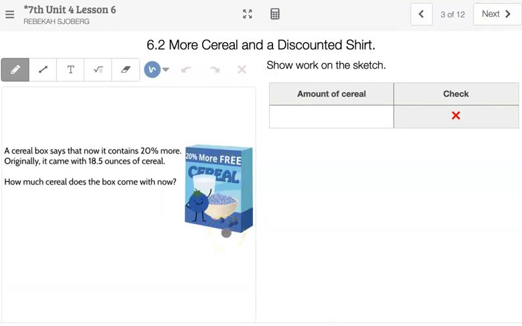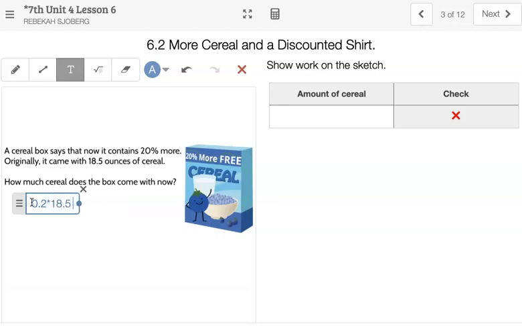So a cereal box says that it now contains 20% more. Originally, it came with 18.5 ounces of cereal. How much cereal does the box come with now? So if I was going to solve this problem, there's a couple ways. You can do 0.20 or 0.2 times that 18.5.